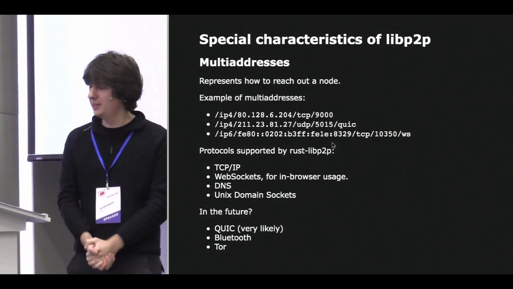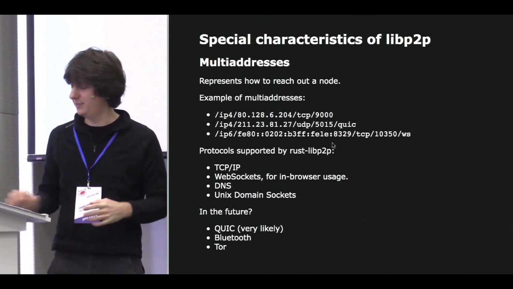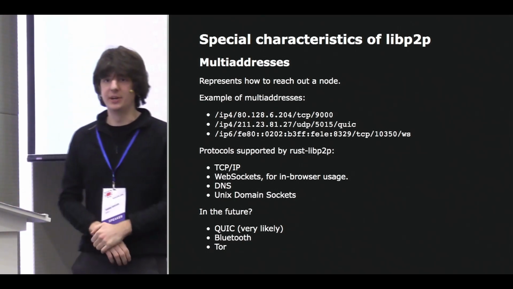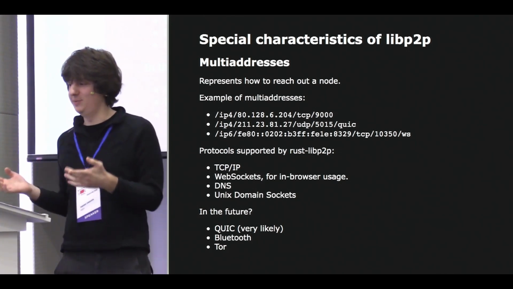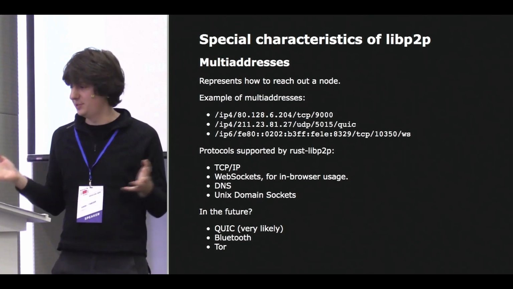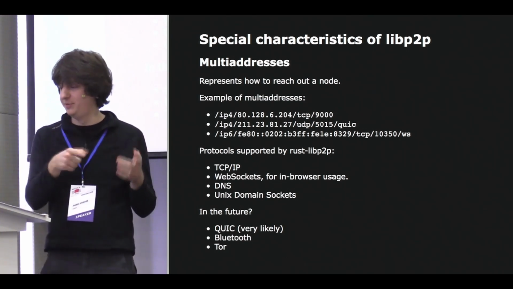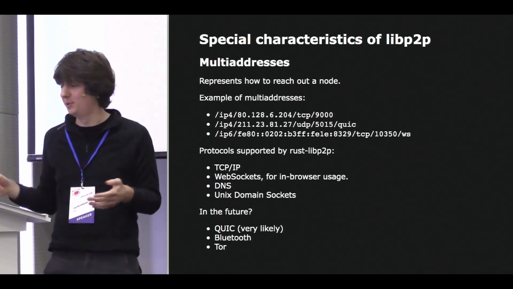So let's dive a bit more into Libp2p. The special thing about Libp2p is that it's very modular. So we're not using just an IP address on a port. We're using what we call a multi-address. Instead of having just an IP address on a port, we have a string: IP4 / your IP address / TCP / your port.